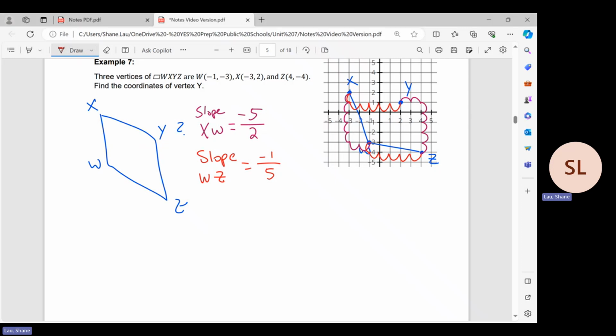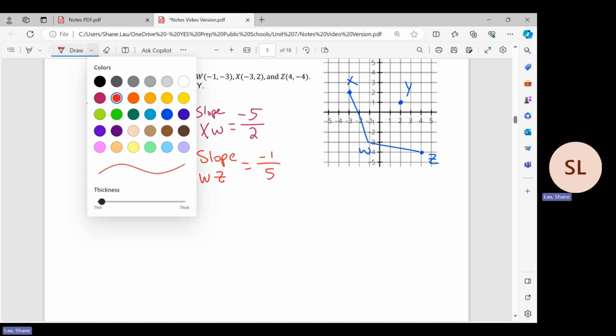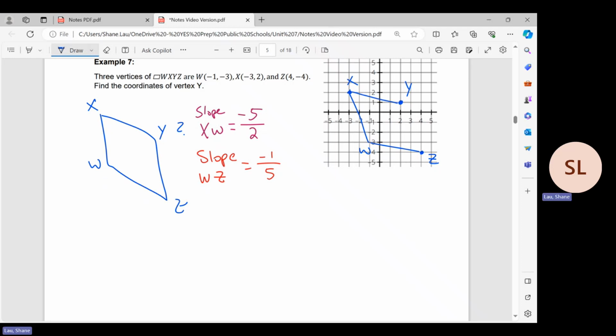So if I were to erase all this extra stuff, we should have a parallelogram that looks like this. All of that without really even doing any math, all I did was count. Okay. So when you see this on your next quiz, and you will see this on your next quiz, I would just count it.